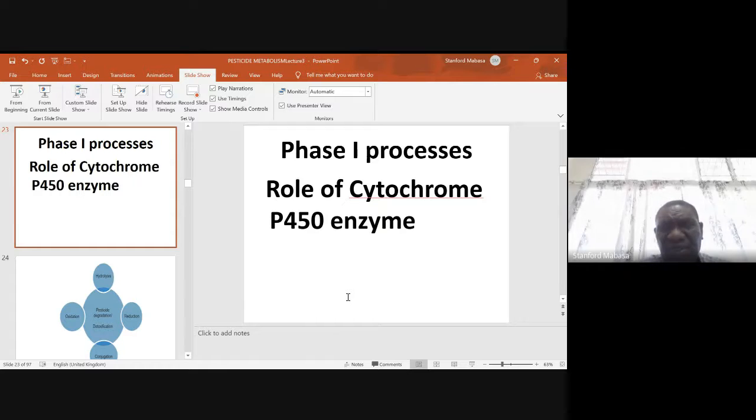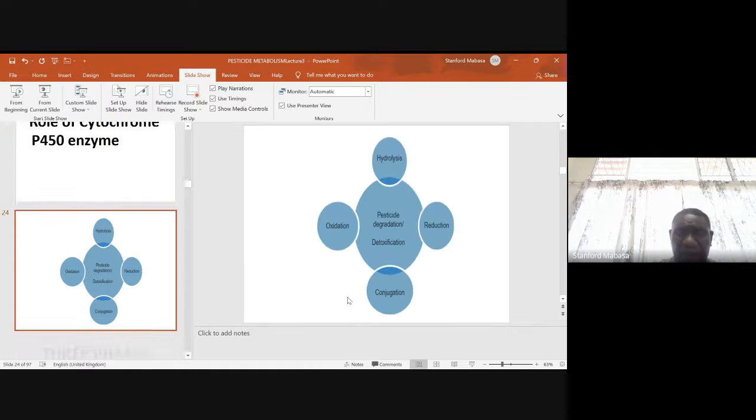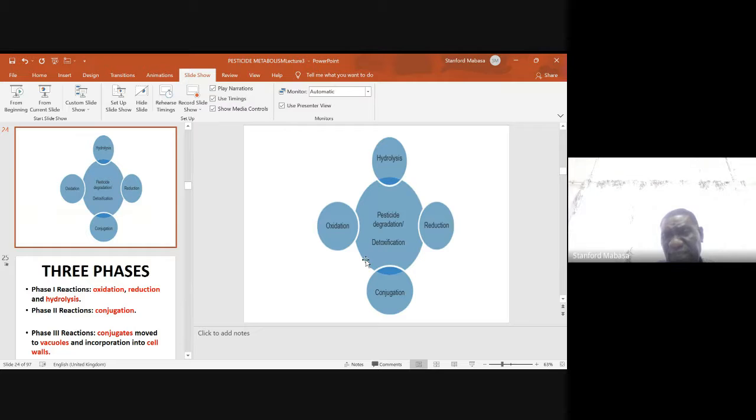Now, we have talked about the role of hydrolases in facilitating the chemical reactions which can take place on the pesticides. We also have cytochrome P450 enzyme, which can facilitate mainly oxidation reactions.